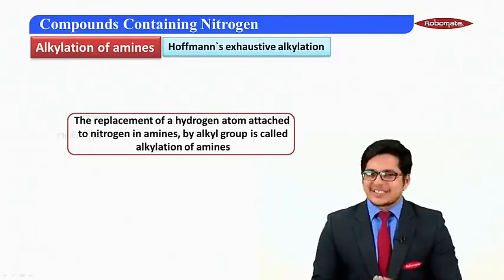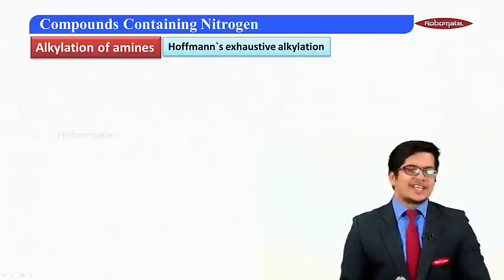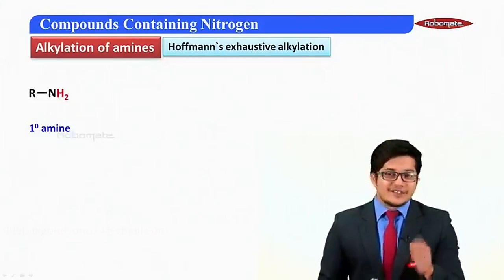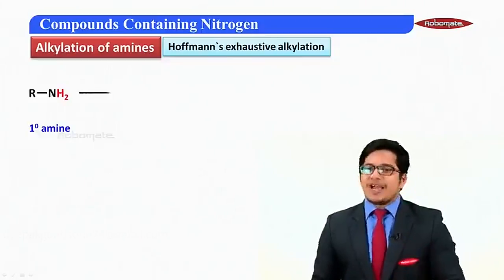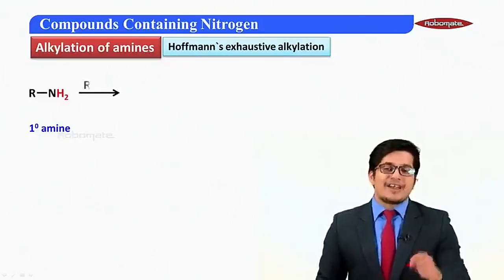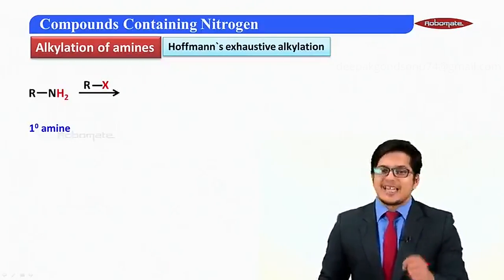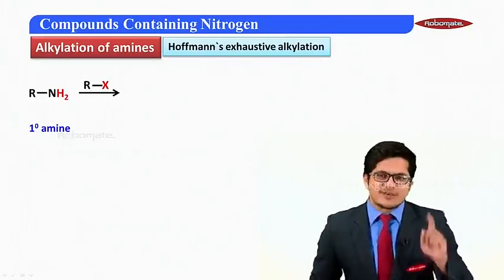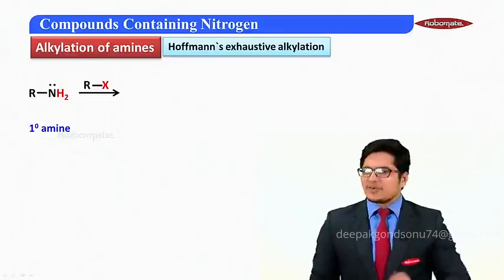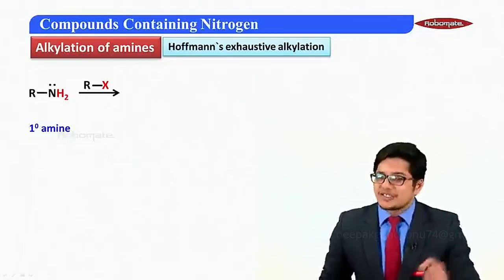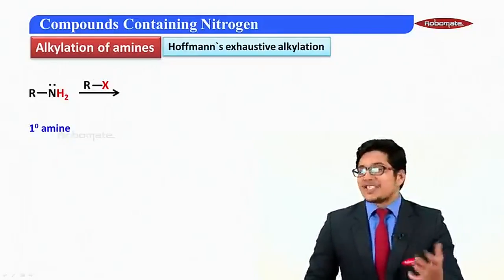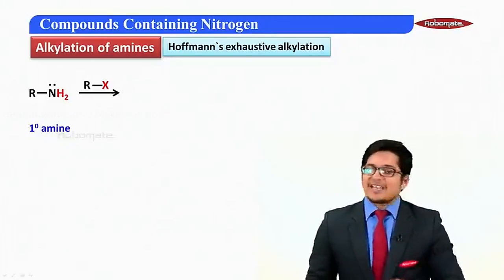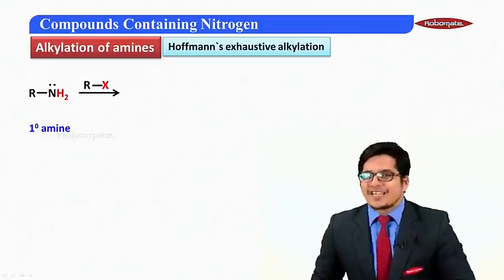Let's see this reaction. For this, let's take a primary amine, that is RNH2, and to this we would add a molecule of RX, that is alkyl halide. Now what happens? Nitrogen consists of one lone pair, and this lone pair attacks the R group, because R is a partially positive species, that means R is undergoing a nucleophilic attack.